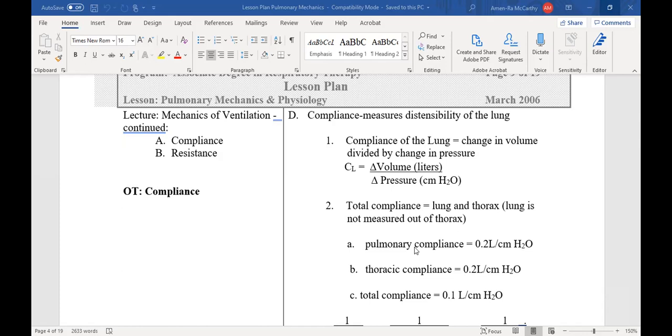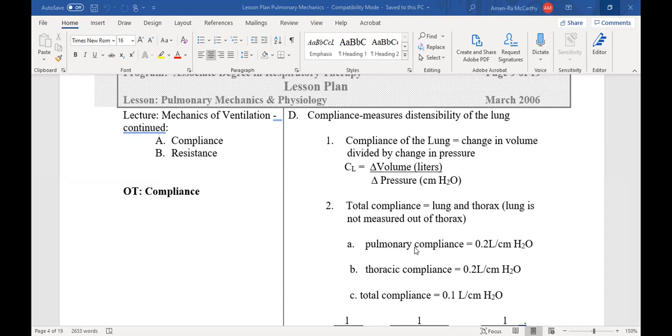To help you remember compliance, think about a child. If a child will do whatever you tell him to do, then he has a high compliance. He's compliant. If he has a low compliance, he won't do what you tell him to do.